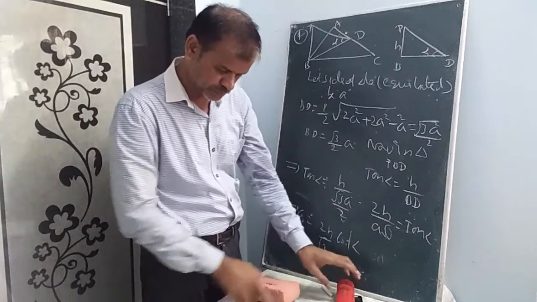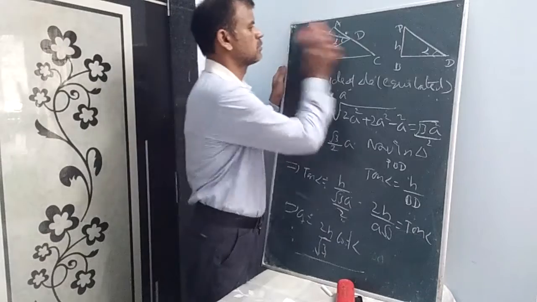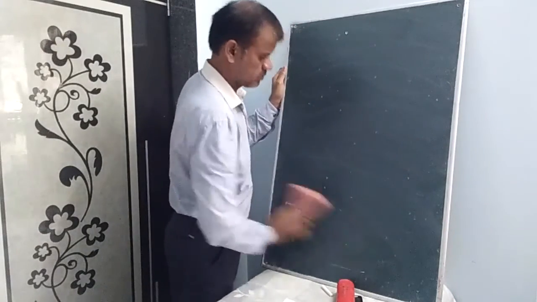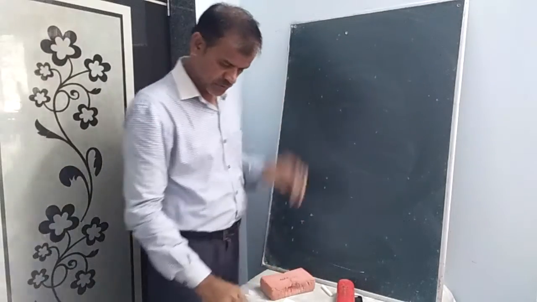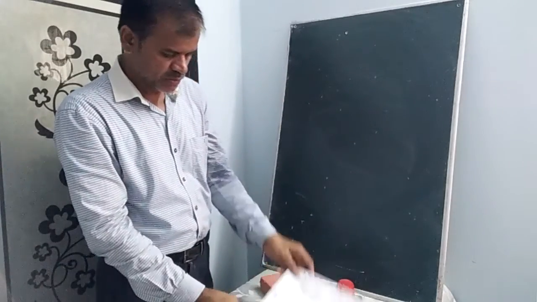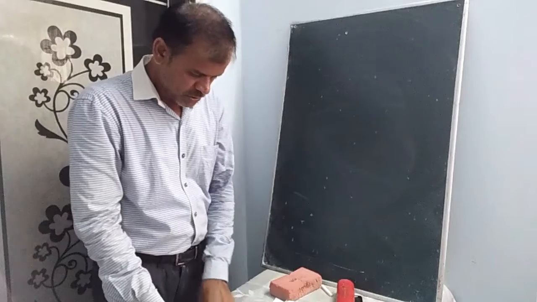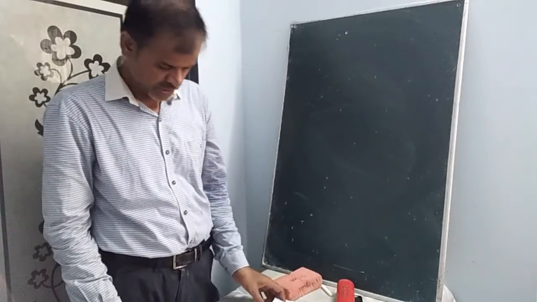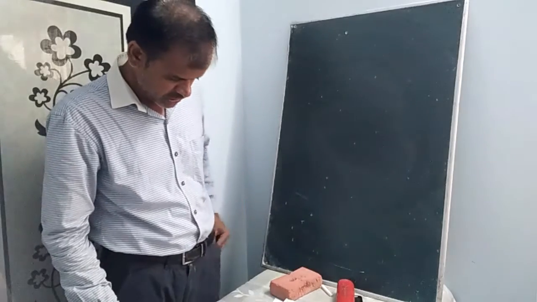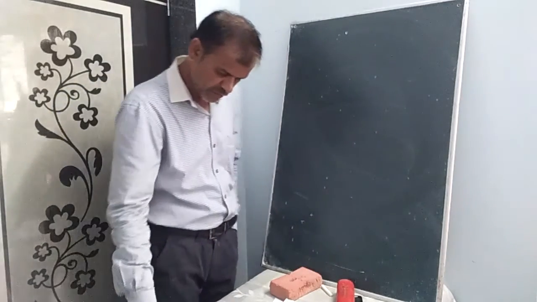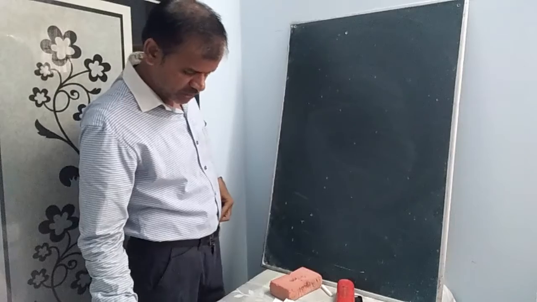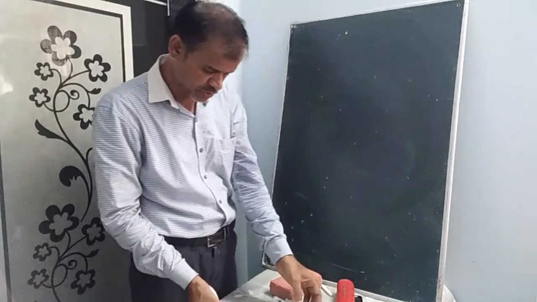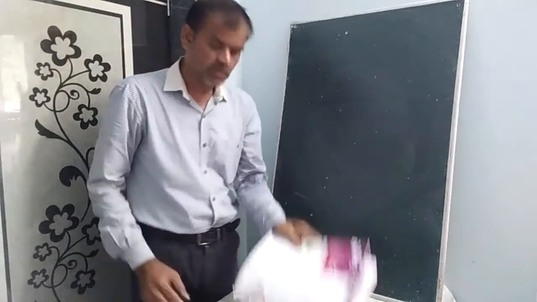Second option. Fifth question. Three vertical poles of heights h1, h2, h3 at the vertices A, B, C of a triangle ABC subtend alpha, beta, gamma respectively at the circumcenter of the triangle.